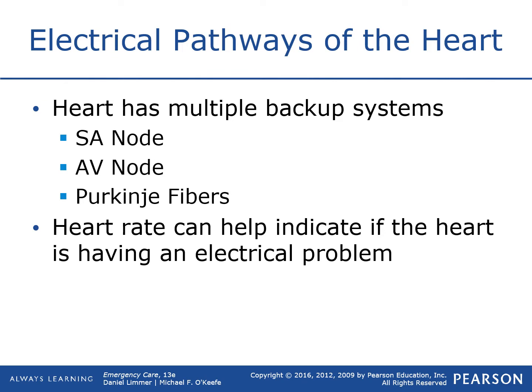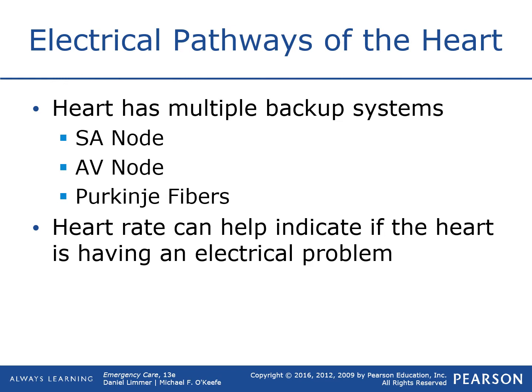Your AV node has an inherent firing rate as well. That inherent firing rate is 40 to 60 times a minute. So if your SA node stops working, your AV node can serve as a backup and send its own electrical impulse down to your ventricles.